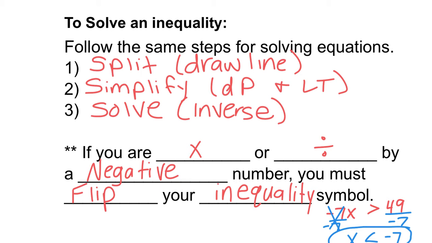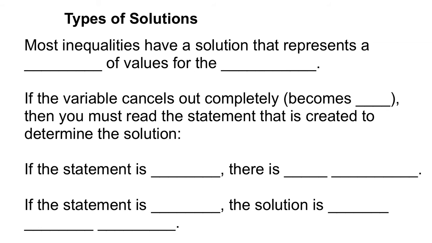Let's look at some other information about this. So when we solve inequalities, we can give our answer as a range of values that fit that inequality. And that's what we typically do. So that's like us saying range of values for the solution.